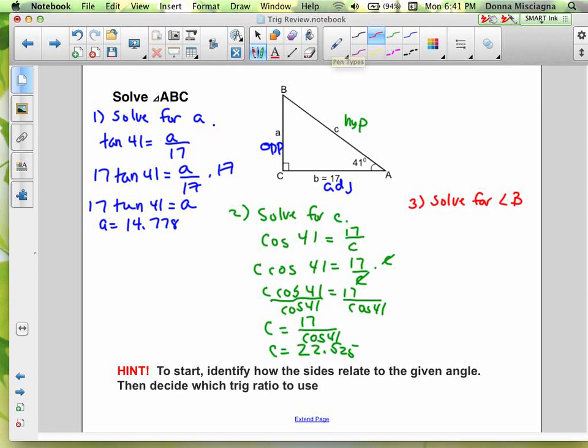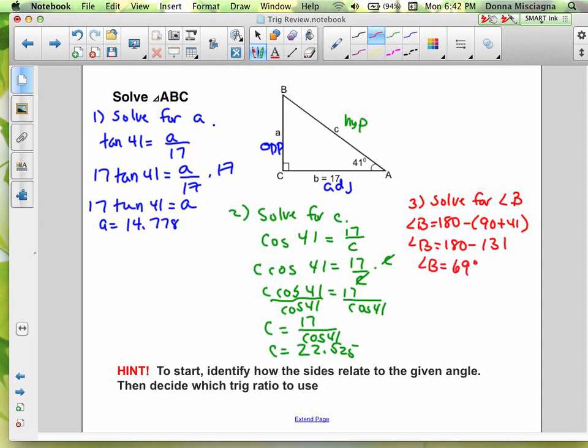But we can always just use the triangle sum theorem, and that doesn't create any angle error at all because there's a limit to the sum of the angles in a triangle, and that's 180. So angle B is equal to 180 minus 90 plus 41, which means angle B is equal to 180 minus 131, or 69 degrees.